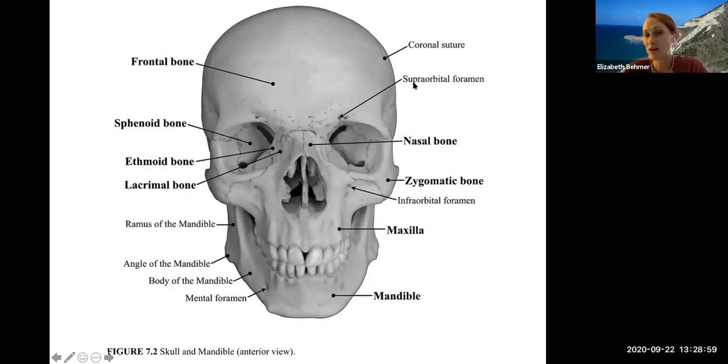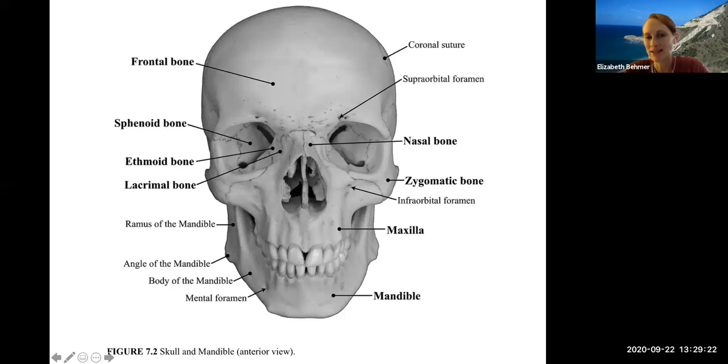Supra means superior, orbital refers to the eye socket. So the supraorbital foramen is located right here above the eye socket, and an infraorbital foramen is inferior to the eye socket, and that will be on the maxilla bone. And again, the maxilla bone is this bone that kind of circles around your nose. It's what the top row of teeth attach into.